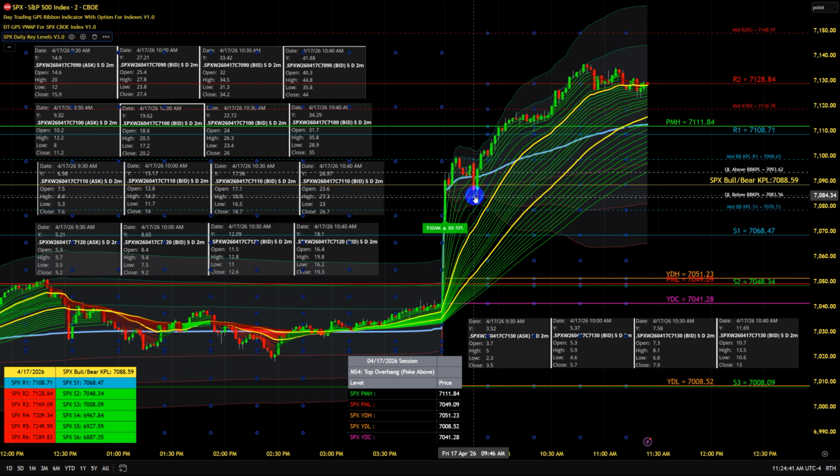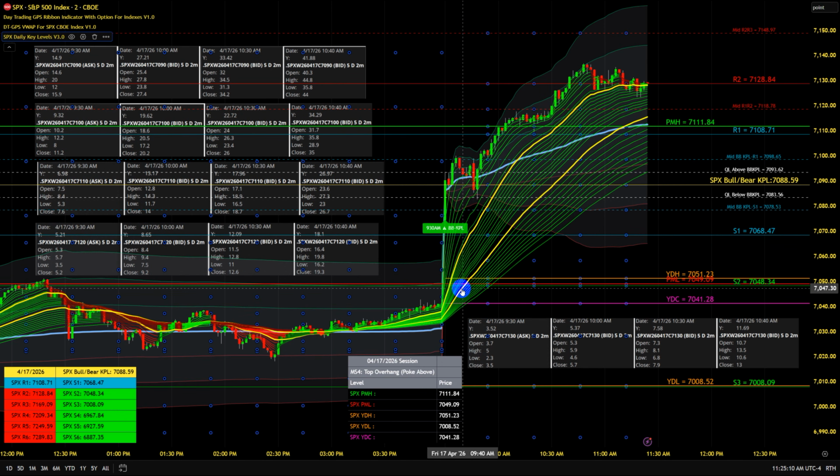Ideally, you're looking for some pull away of the top part of the ribbon as well. If it's just all green with no pull away, that still can be fine, but you're ideally looking for some pull away of the upper bands on a bullish trade. And in the reverse, on a bearish trade, if the ribbon was all red, you'd be looking for some pull away, ideally on the lower bands.